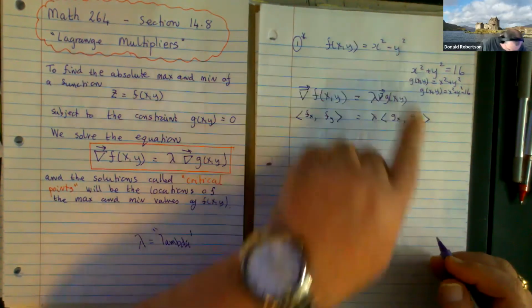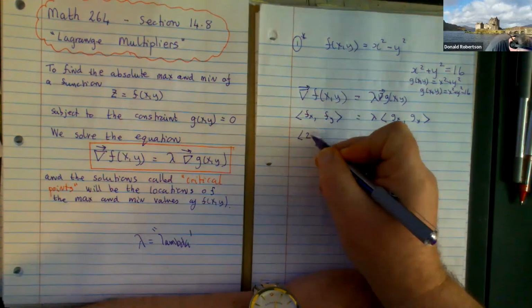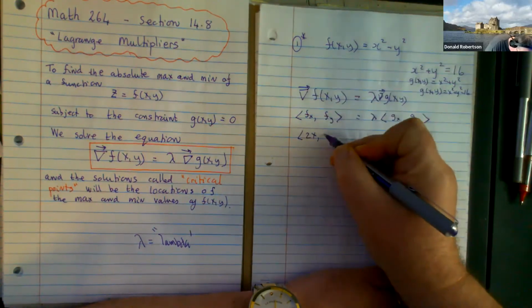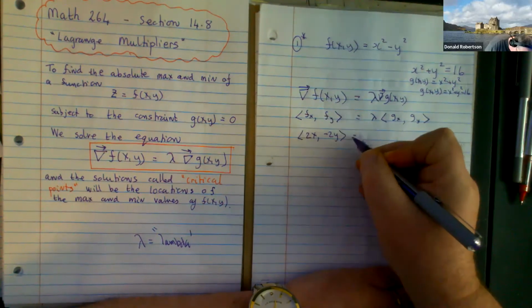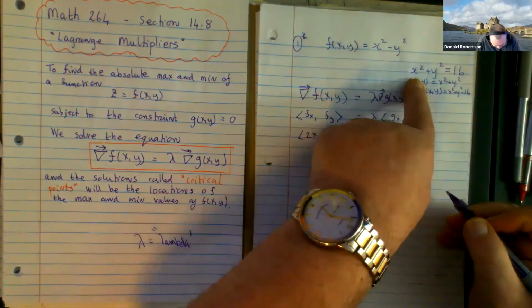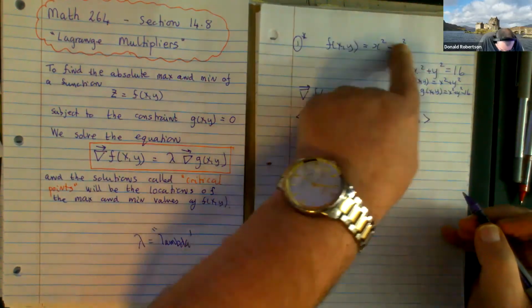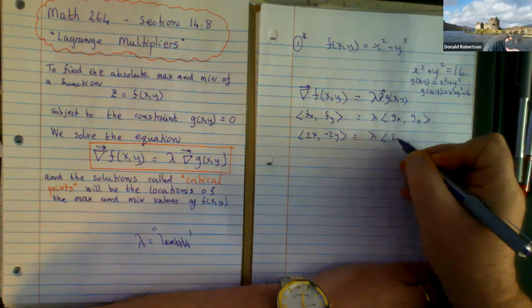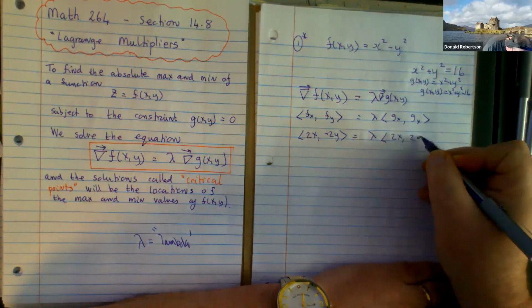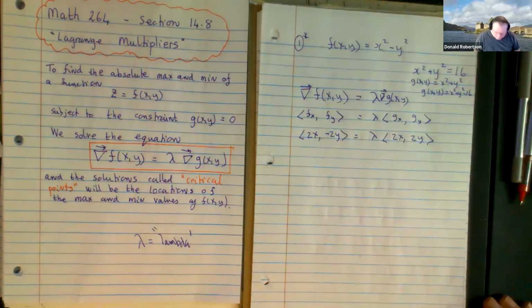This is my f of x function, so I get 2x and negative 2y. And by coincidence, the constraint function looks very similar. This guy is 2x and this guy is 2y. So far, so good.